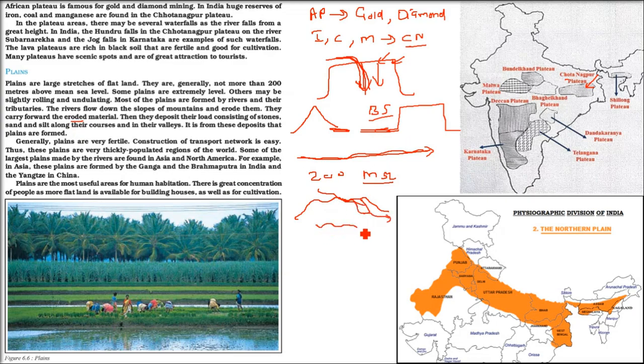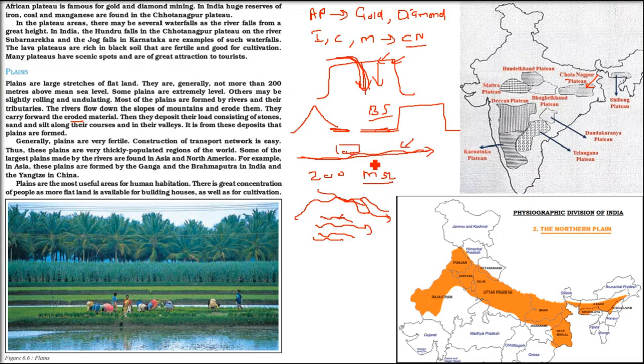At that point the water gets heavy with sediments and its speed lessens, so all these sediments are deposited. This is called silt, and it is distributed on the left and right banks of the river. This silt, or soil, is very, very fertile in the plain wherever there is a river.